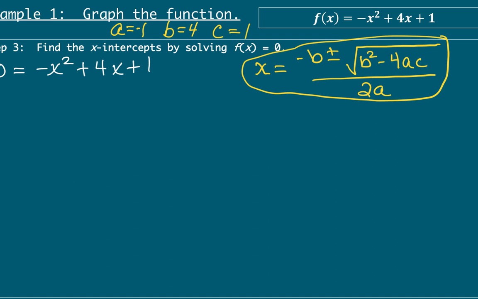So plugging those in, I'm going to go ahead and use that to find my values of x.